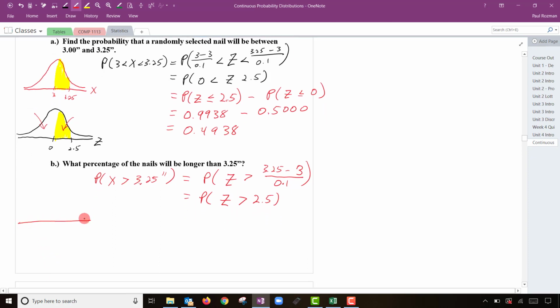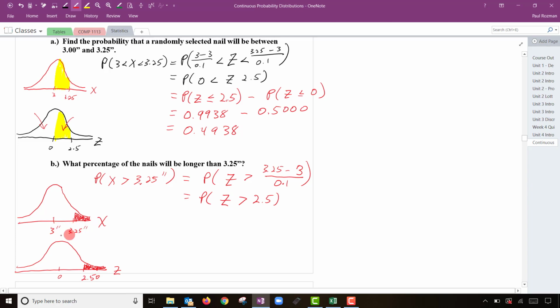So again, if we were to draw the two pictures, we have our X scale. 3 was the mean. 3.25 was, say, here. We want the area to the right of it. We do the transformation to Z. It has 0 in the middle. Our Z score is 2.50. And the area to the right of that corresponds with the area to the right of 3.25 up above.